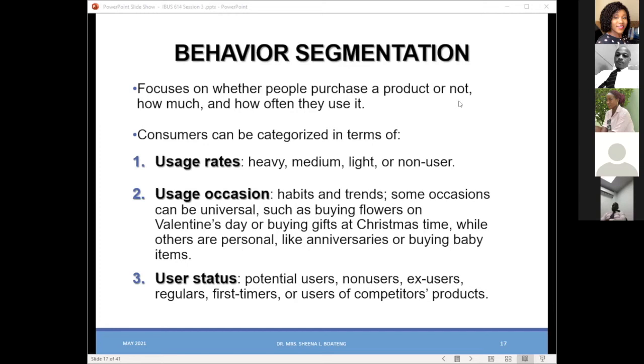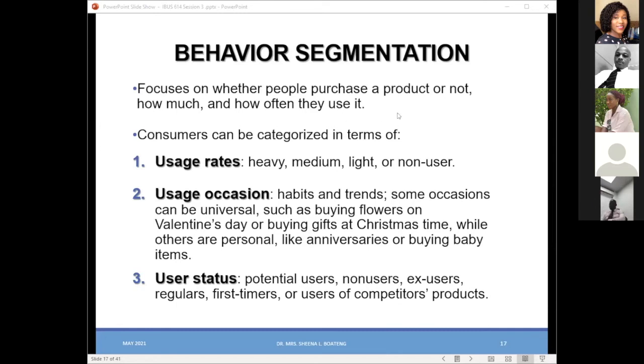That's why I ended by saying that even the current customers of your competitors are fair game, because it's about who can give the best value to the customer. And once you're able to convince the customer that you are offering the best value, they will definitely switch if what they are getting from the competitor is not exactly what they were looking for. Elizabeth, I hope that answers your question. Yes, it does. Thank you.